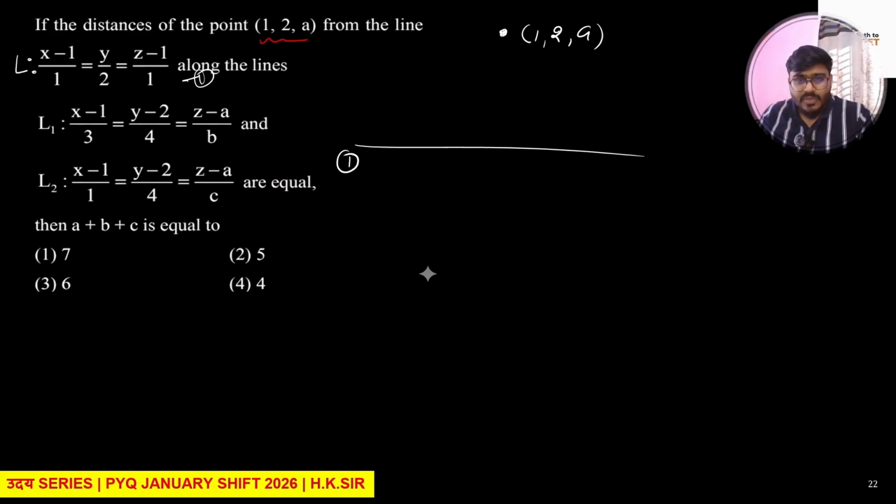Distance of this point along line L1 and along another line L2 are equal. Let's suppose this point is P, this point is A and this point is B. This distance is equal, it is given in the question.